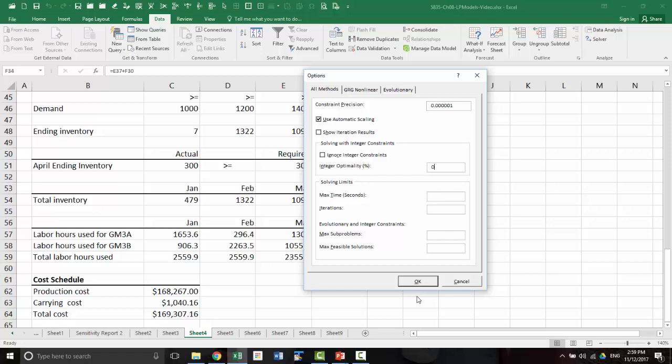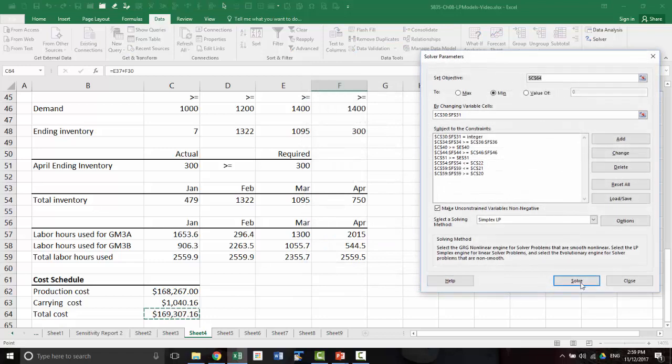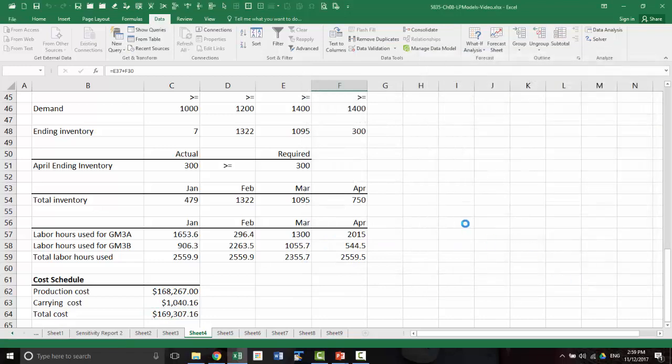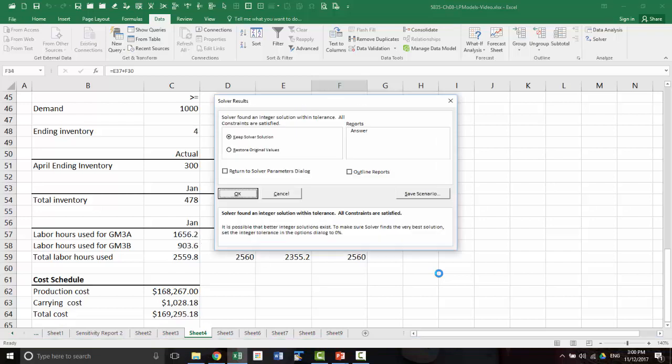So let's try what happens with 0. I have edited the video so that you don't have to wait for so long. It really took much longer, like maybe 2 or 3 times longer than when we had 1% as the integer optimality tolerance limit.